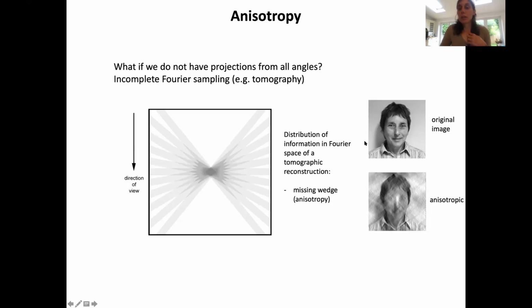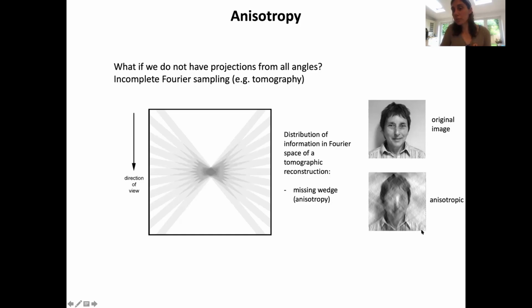So in the case of tomography, for example, this is the reason why I chose this picture of Helen: she has a very nice shirt with vertical stripes and nearly horizontal stripes. And you can see that in an anisotropic reconstruction where I'm missing the information along the vertical direction, I don't have projections along these vertical directions, then I'm losing the information about the horizontal stripes.